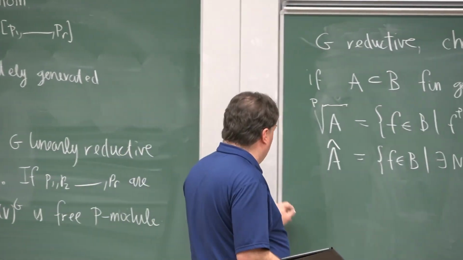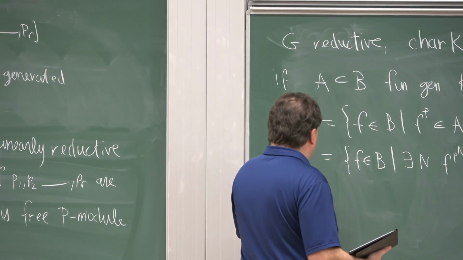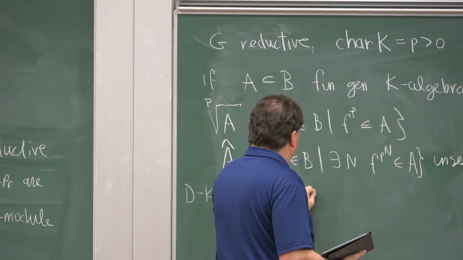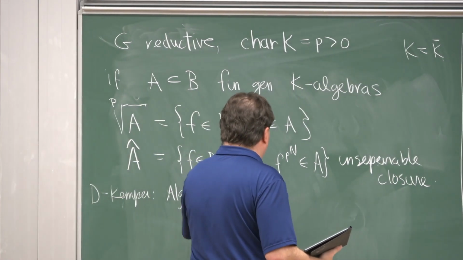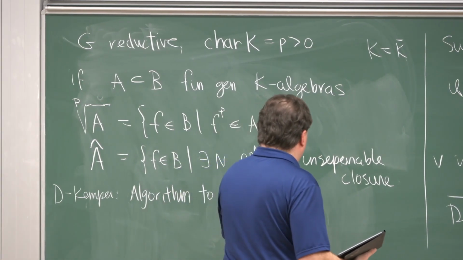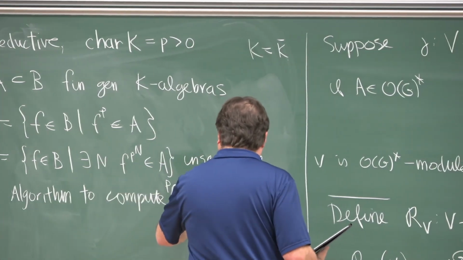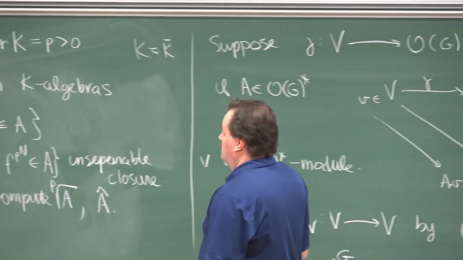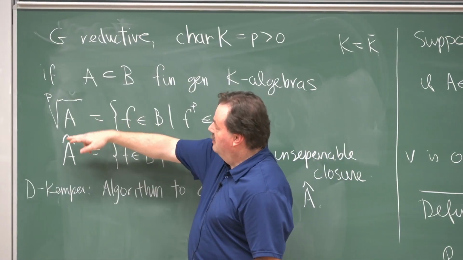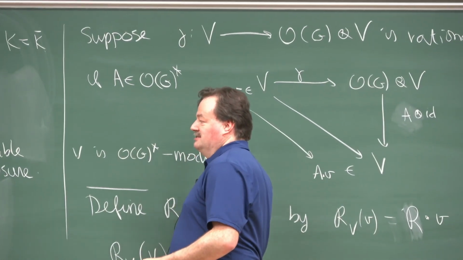And so we actually have some algorithms to compute the pth root or inseparable closure. Now, to compute the inseparable closure, you basically just repeatedly take the pth root until it stabilizes.